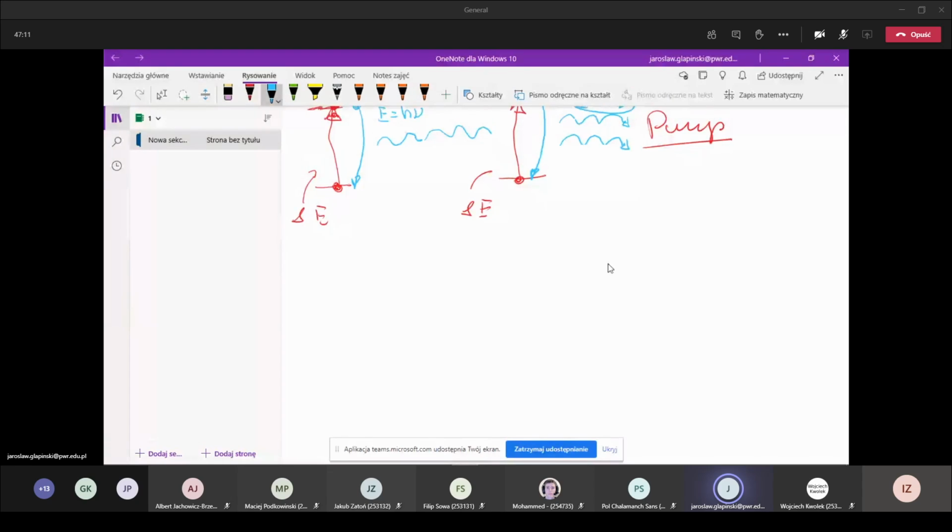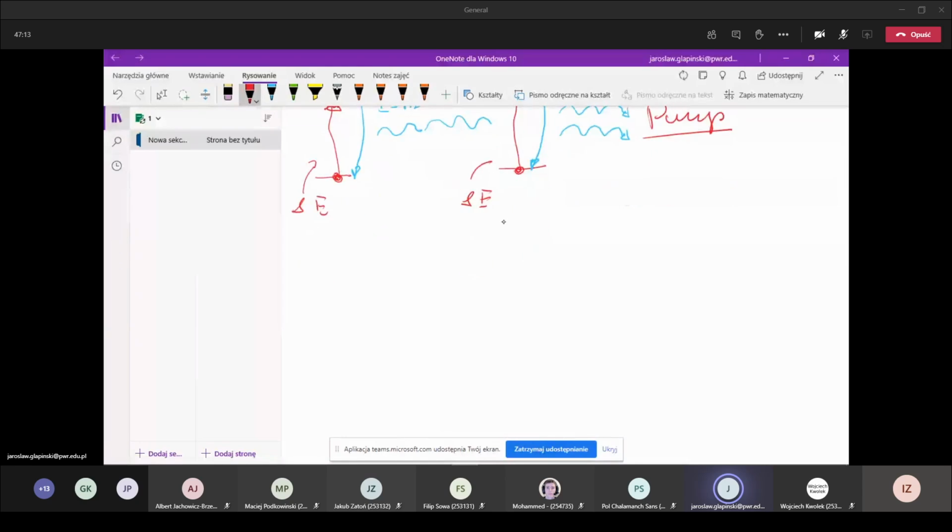But we can also have some atoms that we can jump. Yes, this is the base energy, but then you have, for example, two layers.